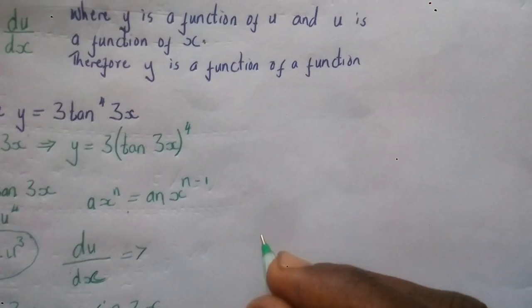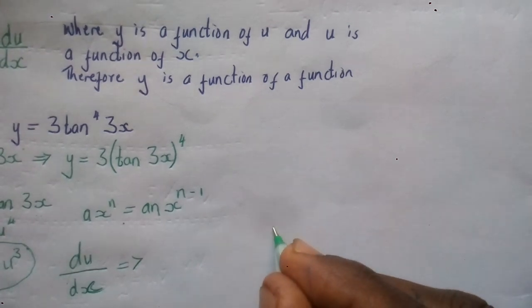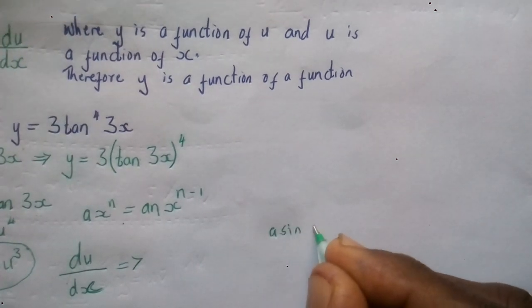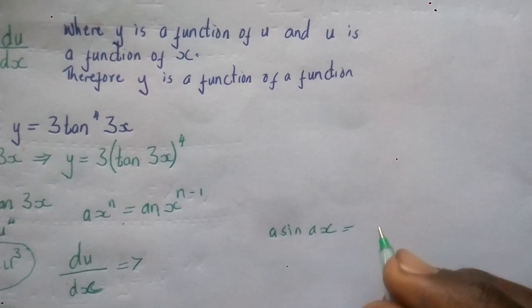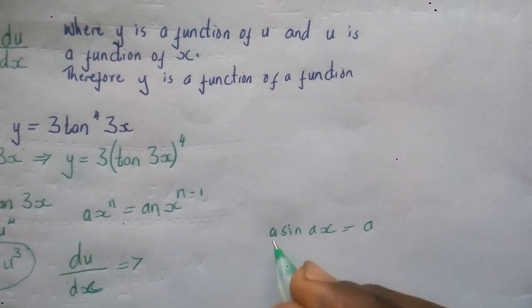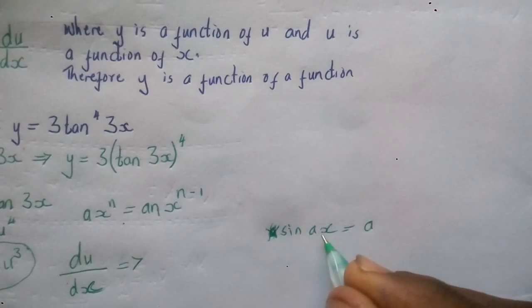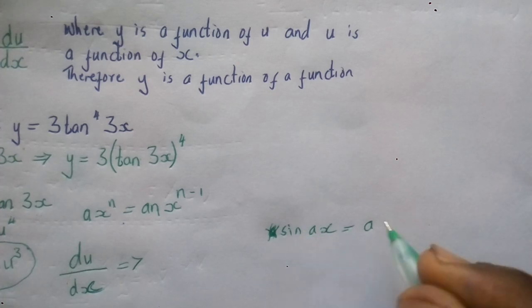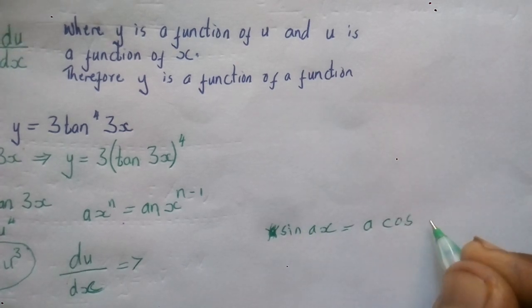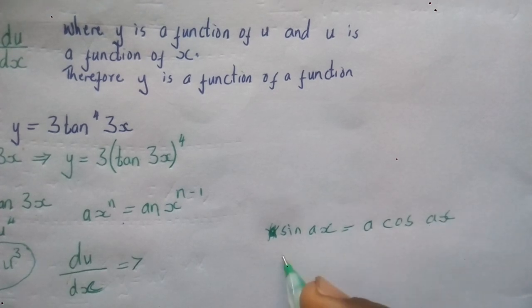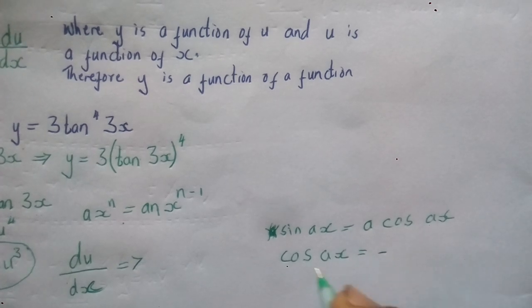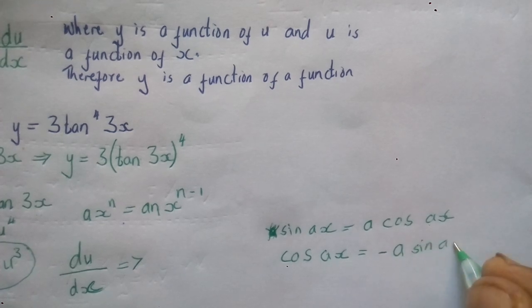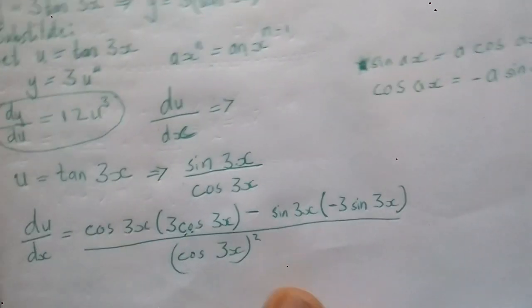The derivative of sine ax is a cos ax, and the derivative of cos ax is negative a sine ax. You have to master this one.